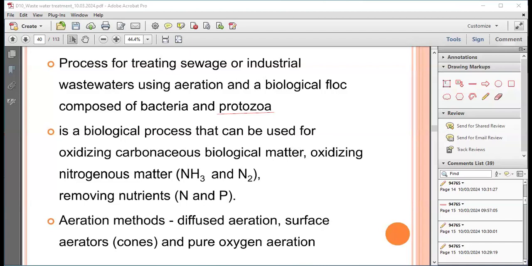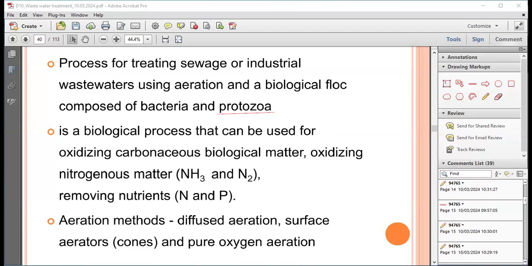So you have to understand the meaning of this aeration, sludge, and some of the important main words in sewage treatment. Aeration is the introduction of air into the material. So normally you inject the air into the material.